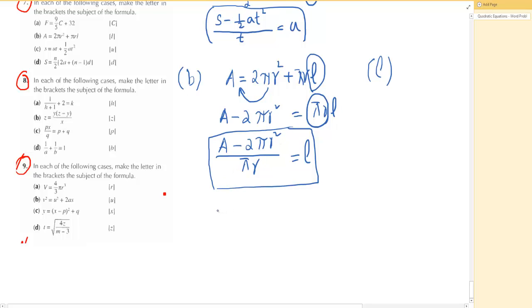I think I should do A part as well. Let me do A part. And this is from the physics and chemistry both. Here we have to make C the subject. So C is here. I told you whatever is plus minus, shift that first.